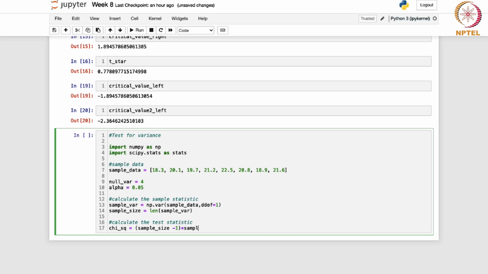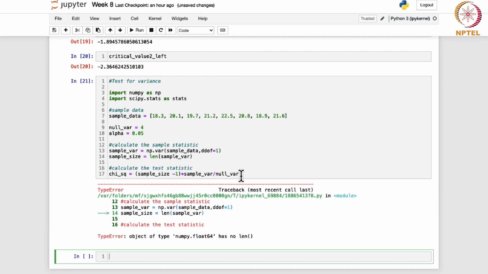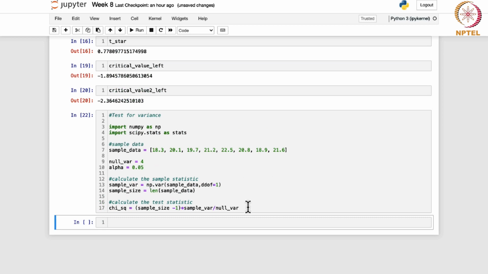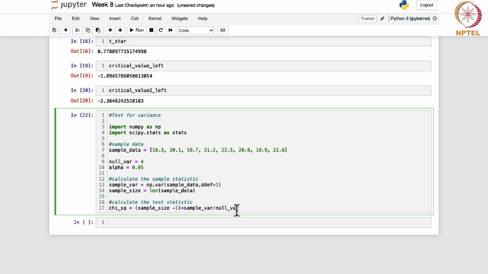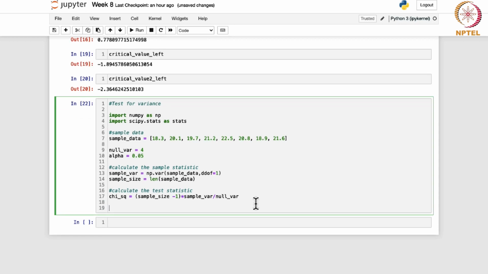So sample underscore var divided by the null var that you have, right? Sigma naught square. Okay, so whatever is the formula, we just go ahead with that. Sorry, this should be not length, sorry, I have written sample data. So you have calculated the test statistic.